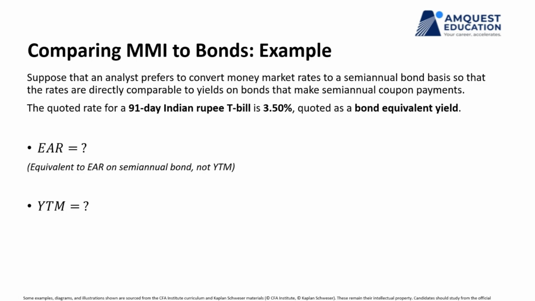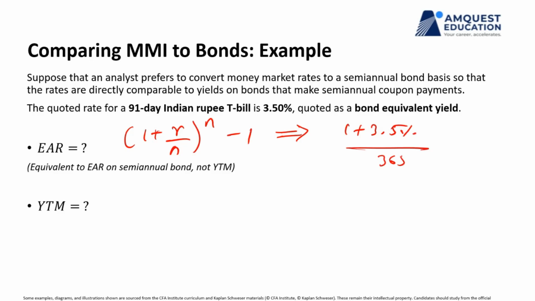If you remember the effective annual rate formula, that was 1 plus the rate divided by n, raised to the power n, minus 1. So in this case, we are going to simply say 1 plus, what is the rate? The 91-day T-bill is provided to you, 3.5%, divided by n, 365 by 91, raised to the power 365 by 91, minus 1. That is basically your effective annual rate.